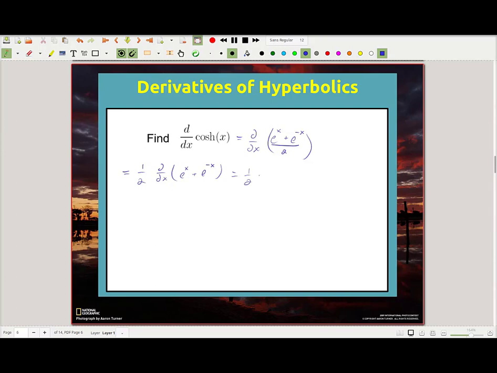Alright. The derivative of e to the x, of course, is e to the x, and the derivative of e to the negative x is e to the negative x times the derivative of negative x.